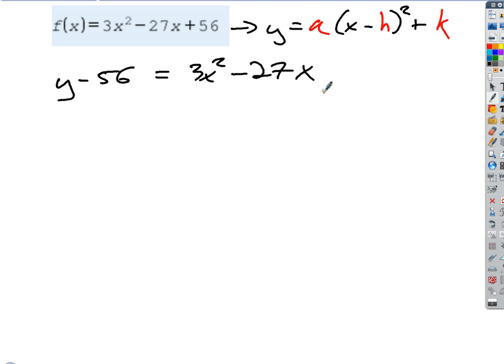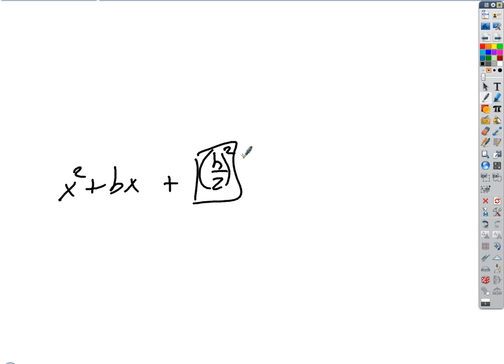And what? Divide by 3, right? Because for completing the square, this is the pattern I'm seeking. I want to get x squared plus bx, right? Because then I can add to both sides what quantity to make it b over 2 squared? Good.